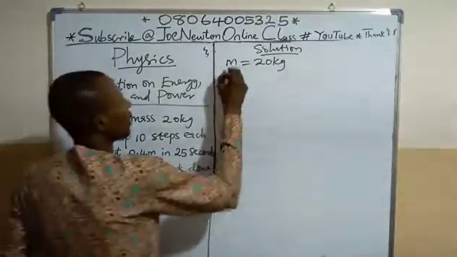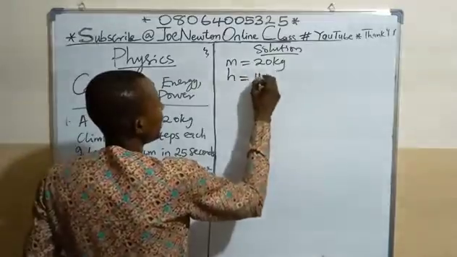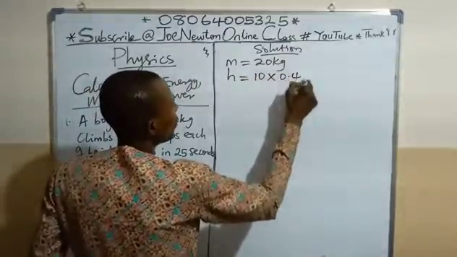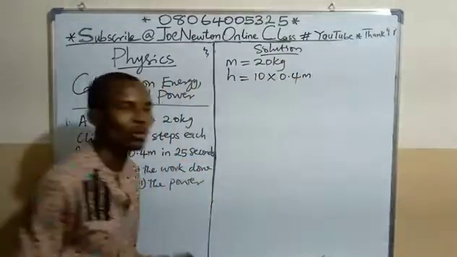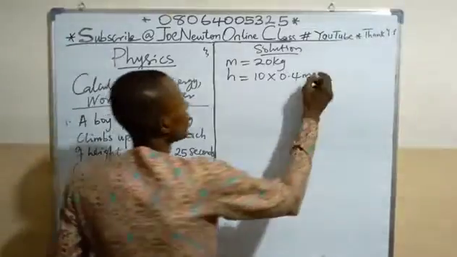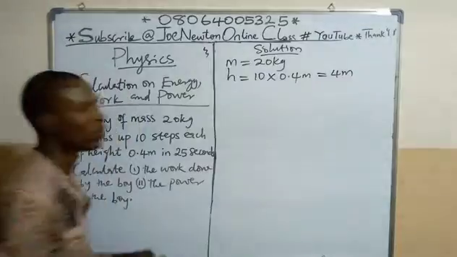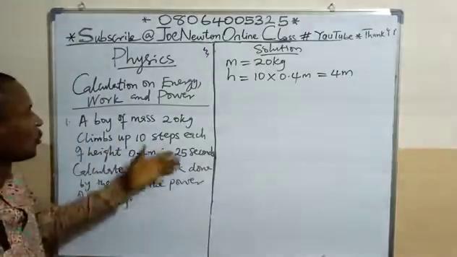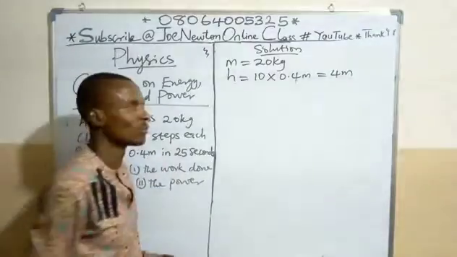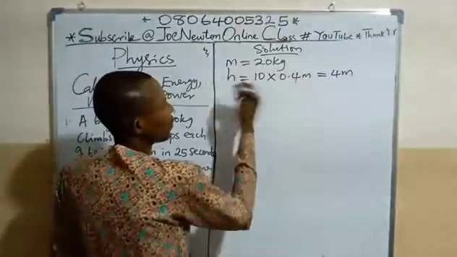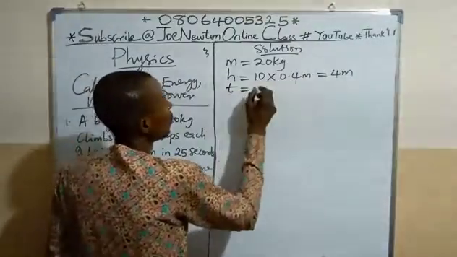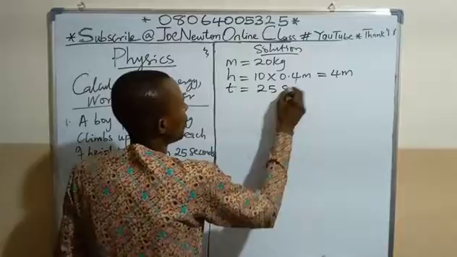So the total height will be 10 times 0.4 meters, which gives us 4 meters. That's the total height of the staircase. Then it took the boy 25 seconds to complete the journey. So, time equals 25 seconds.